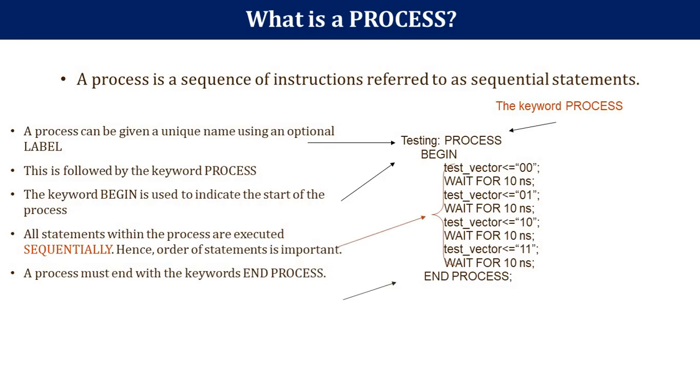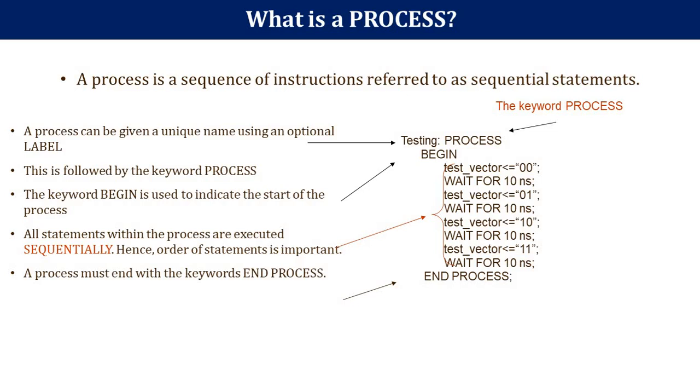Now, how to write a process? For every process we can provide a label, and that label is optional. Then after the label we have to write the process keyword. Then the begin keyword, which indicates the start of the process.